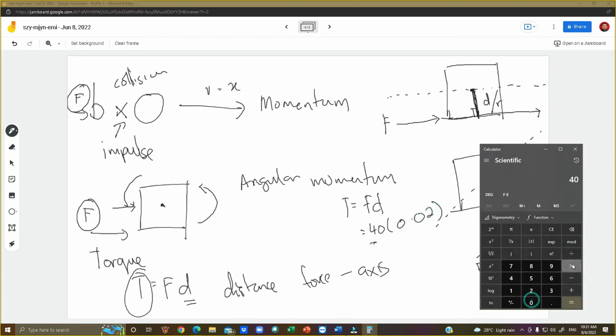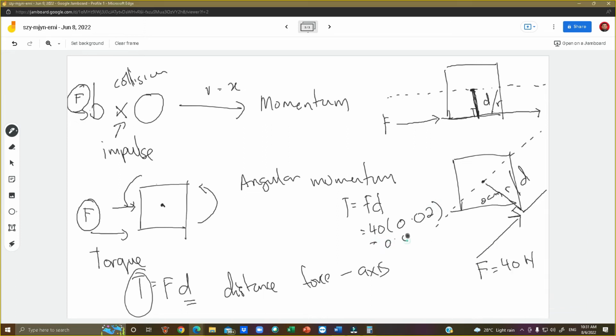We have 0.8 Newton. Just this much of force is subjected to the system, although the force being given is 40 Newton. Ini torque. This is what we call torque.